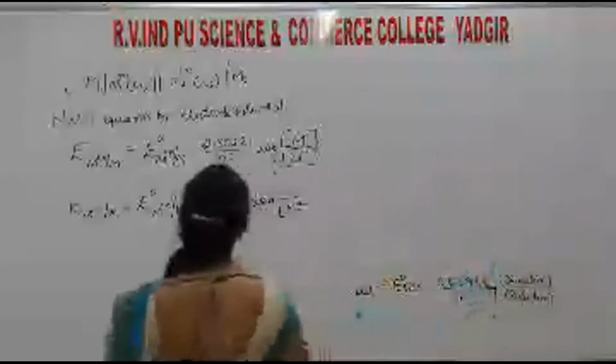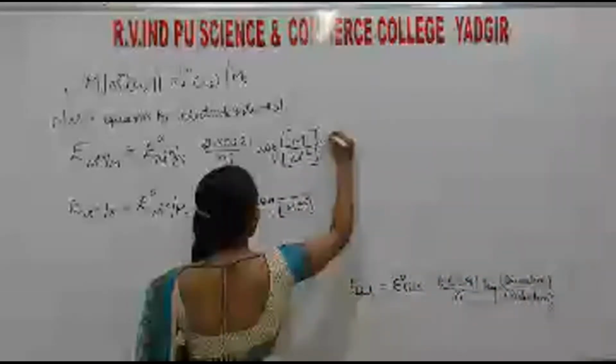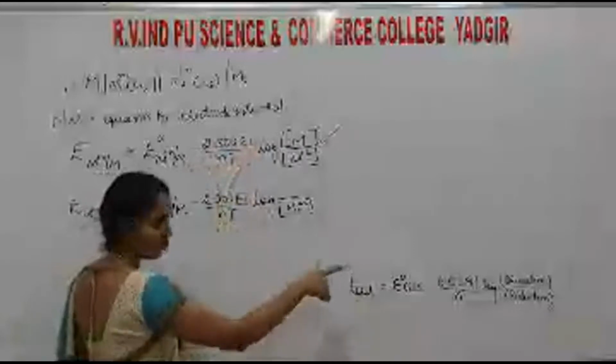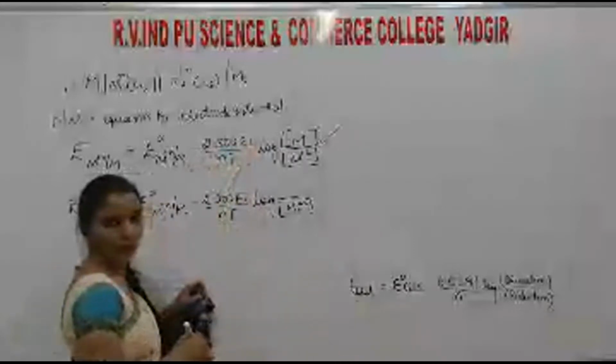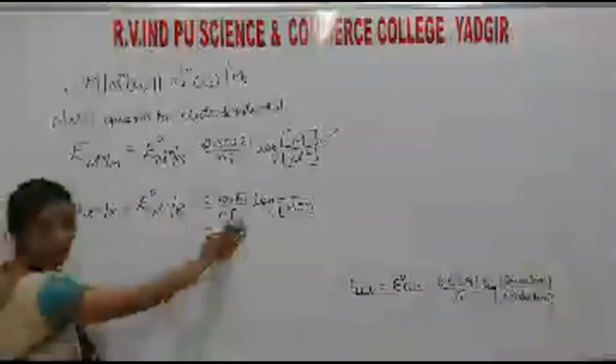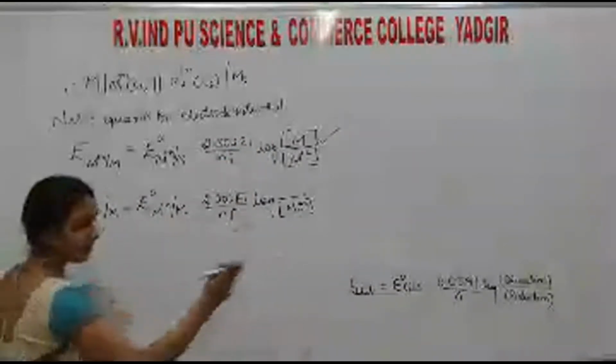Okay, listen students, this is the first equation to calculate it. You may write 2.303 RT by NF as 0.0591 also. So I'll directly write the direct formula, so later you just substitute that.